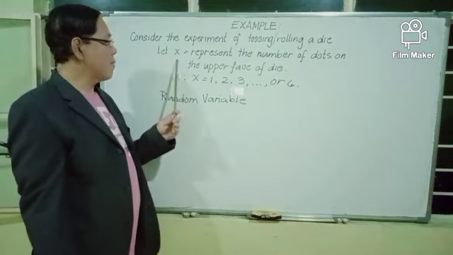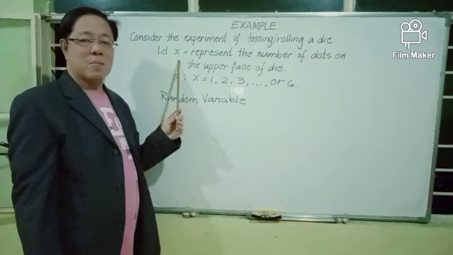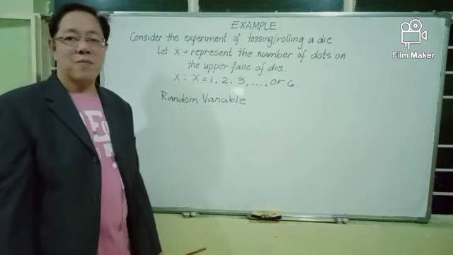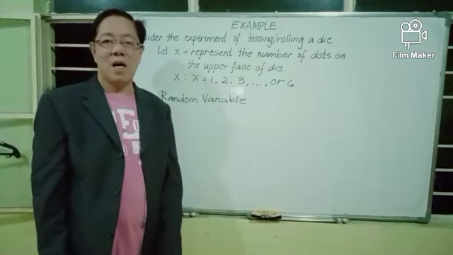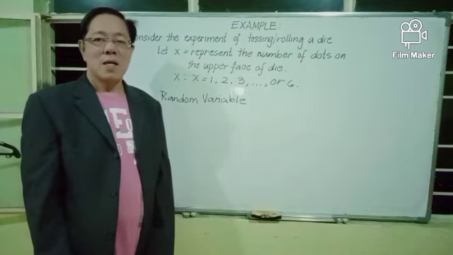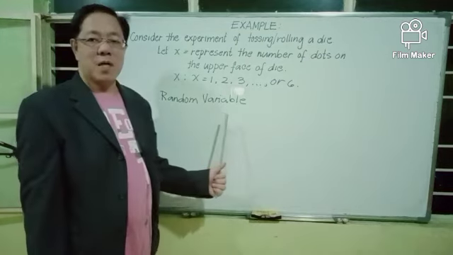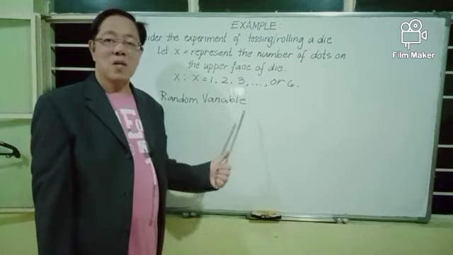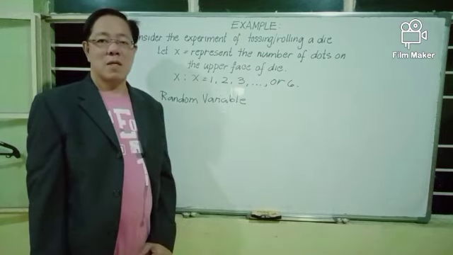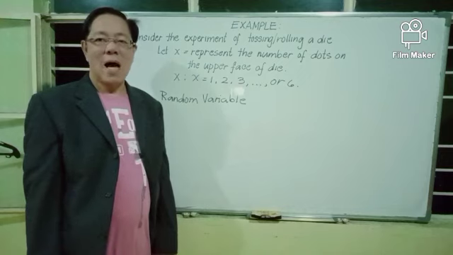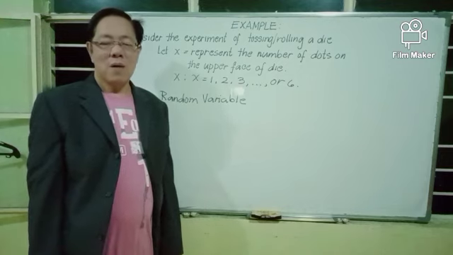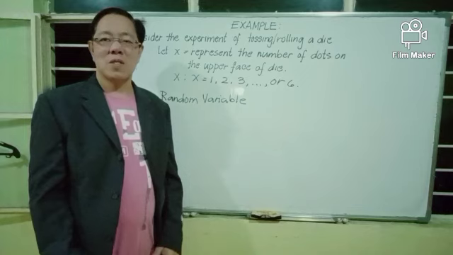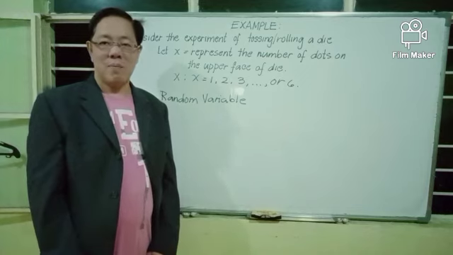Again, this variable x that represents the number of dots on the upper face of the die when we toss a die is an example of random variable, because its values depend on the outcome of the experiment of tossing the die. And these outcomes of this experiment of tossing a die are random events.